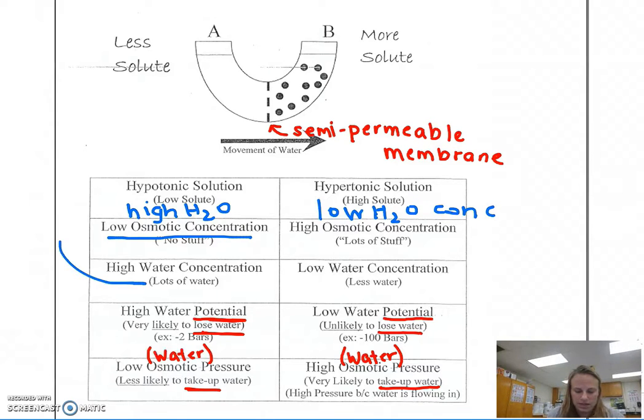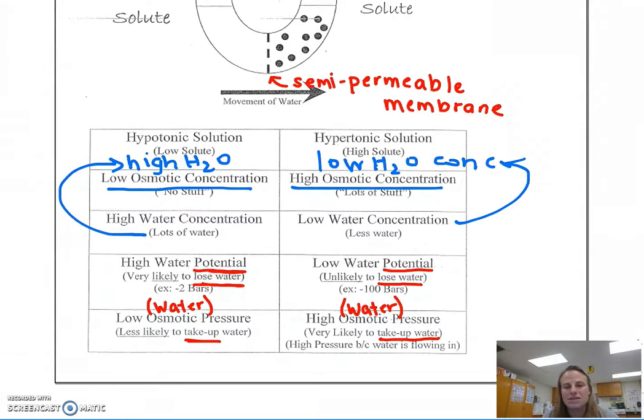Now, please don't use the words lots of water or no stuff. Make sure you use key vocabulary words like solute and concentration. On the other hand, in our hypertonic solution, you've got a high osmotic concentration. You've got a high concentration of solute, where you've got a low water concentration, which we already said.